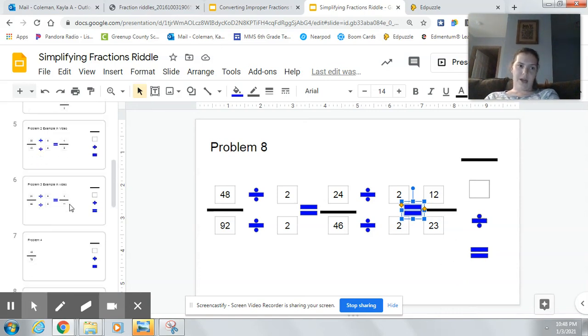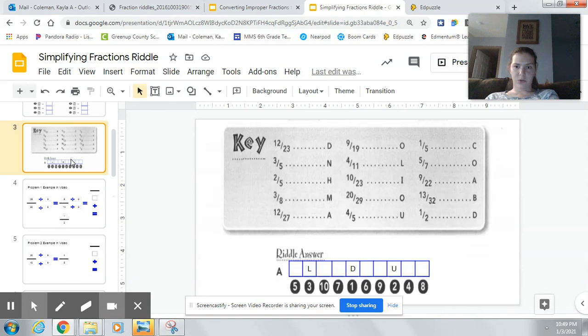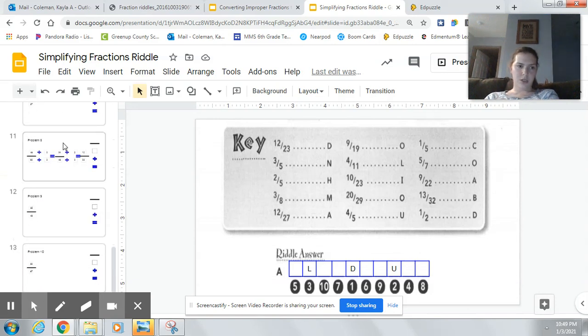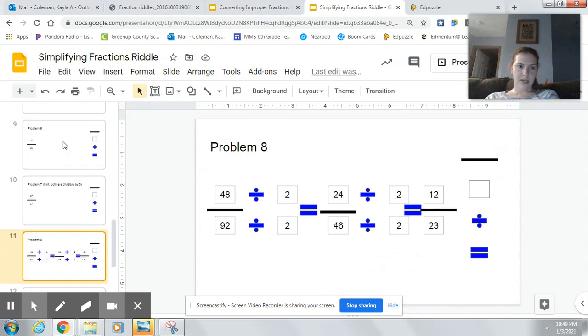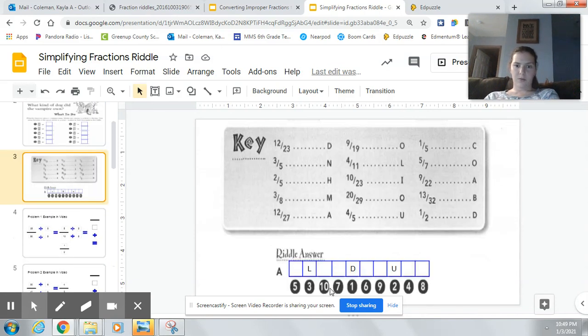So I'm going to look for that in my answer key, 12 over 23. And it is answer D. So D was question 8. So over the number 8, I'm going to put a D.